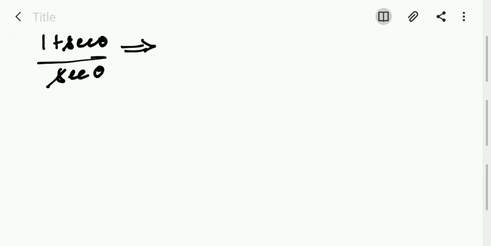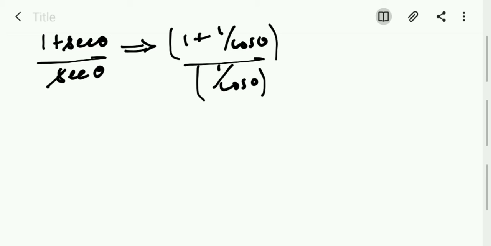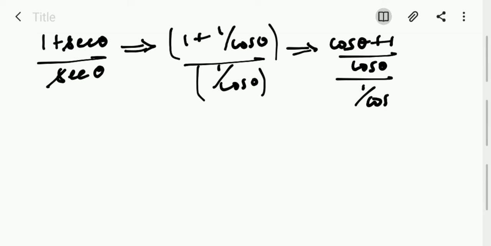Now we can write this as (1 plus 1 by cos theta) by (1 by cos theta), correct? Now taking the LCM of the numerator, which becomes (cos theta plus 1) by cos theta, by 1 by cos theta. The denominators get cancelled out.